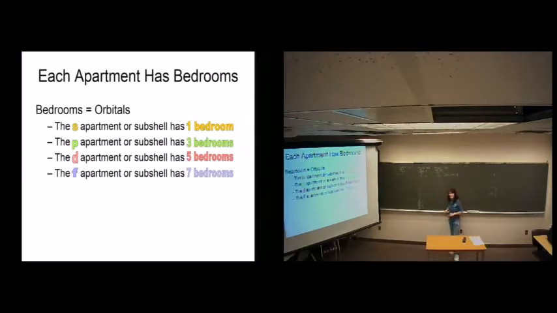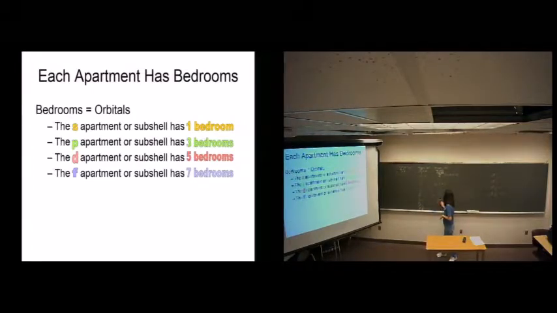How many D orbitals were there? 5. Did you give me 5 numbers? Check it out. I got all 5. Good. Let's go again. S, what would that be? 0. What's P? Negative 1, 0, positive 1. What's D? Negative 2, negative 1, 0, positive 1, positive 2. Now what's F?